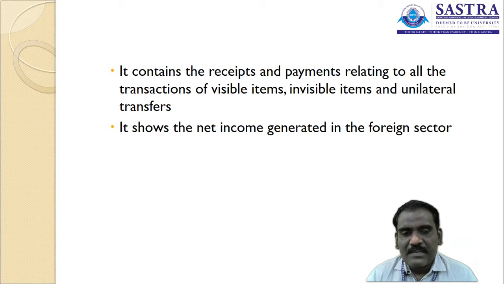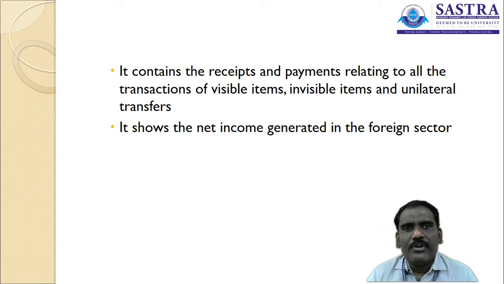It contains the receipts and payments related to all transactions of visible items, invisible items and unilateral transfers. It shows that the net income generated in the foreign sector is also taken. It means the factor income generated is taken into the current account.